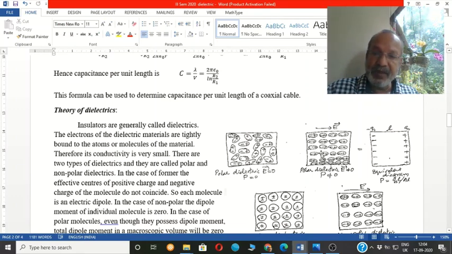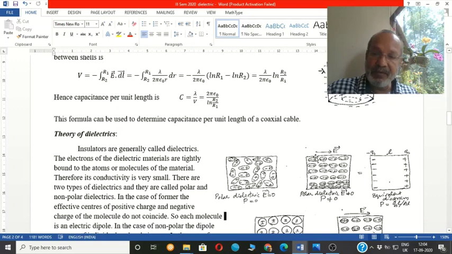So this set of negative charges are close to the positive charges. So any effect due to positive charge will be cancelled by the effect due to all the negative charges. Similarly, another set of positive charges are here, and close to that we have another set of negative charges. So any effect due to these positive charges will be cancelled by the effect due to negative charges.